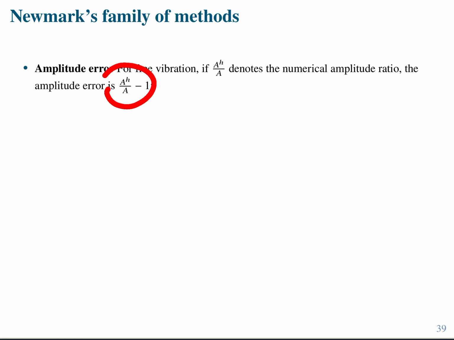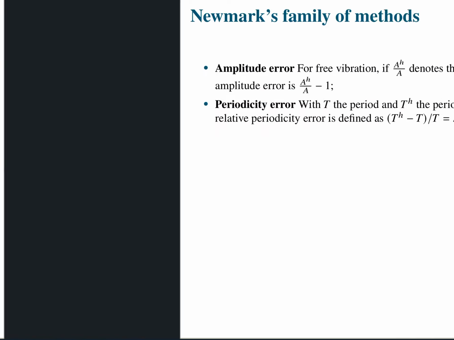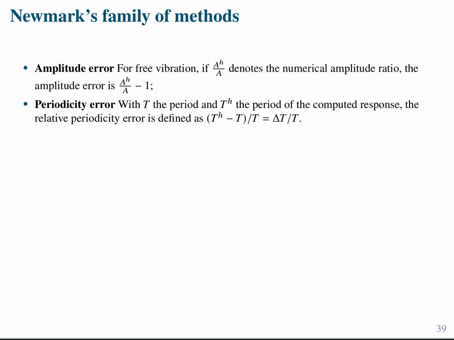So the error is essentially everything that is different than this quantity here. So error would be 0 if this is equal to 1. Otherwise, you do have some error in the amplitudes. And we also look at the periodicity error. If you look at something vibrating freely and you have an exact representation of how that should behave, you don't want the period to be elongated or shortened, right?